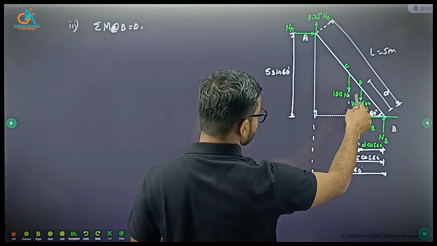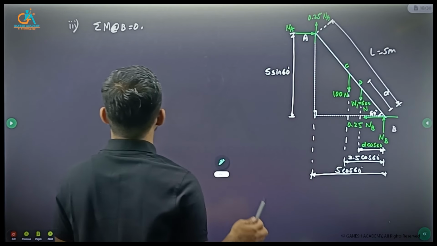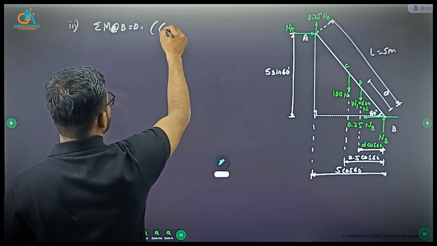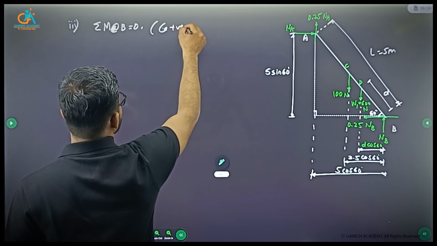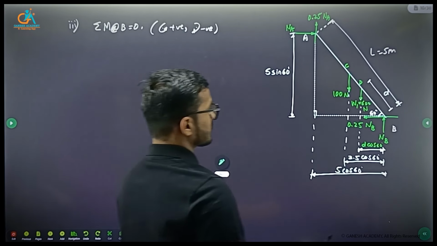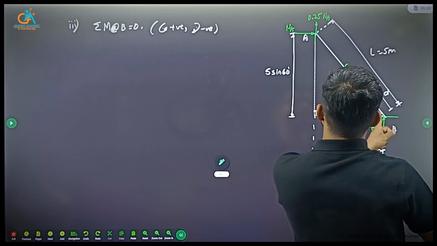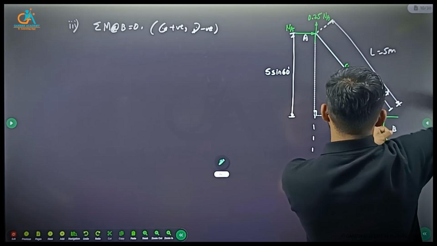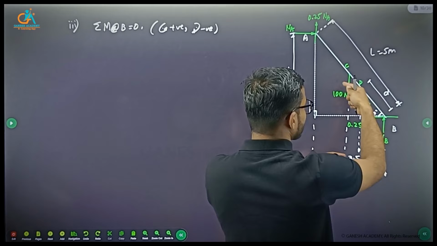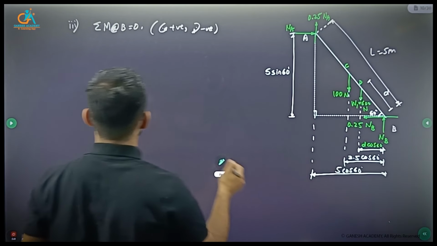So ultimately we'll get moment for W1 100 and 0.25 and NA. So I am assuming here as anti-clockwise positive, clockwise negative. So the sense of these both NA is clockwise, for 0.25 NA is also clockwise, and for these 100 and 600 forces is anti-clockwise in sense about B.